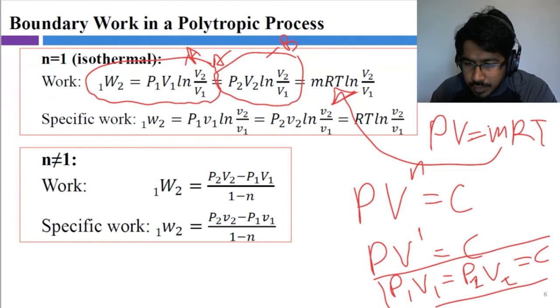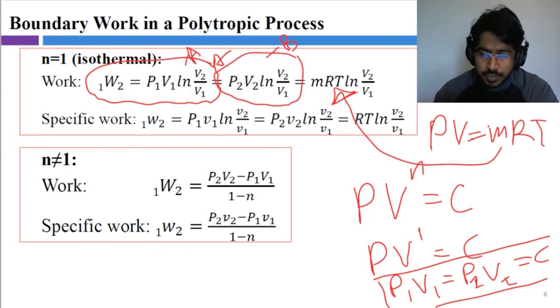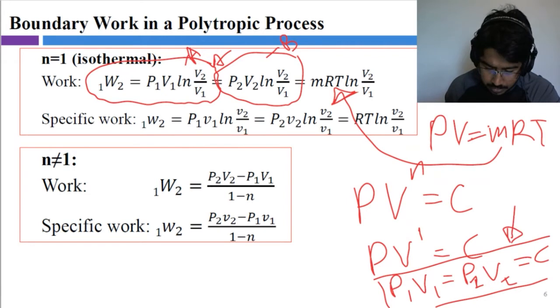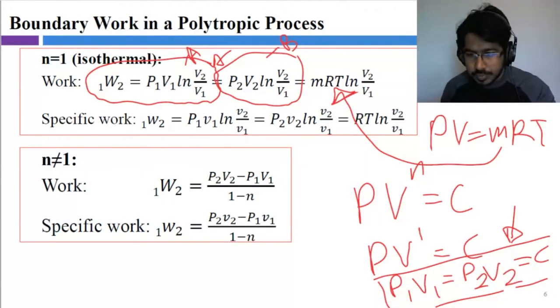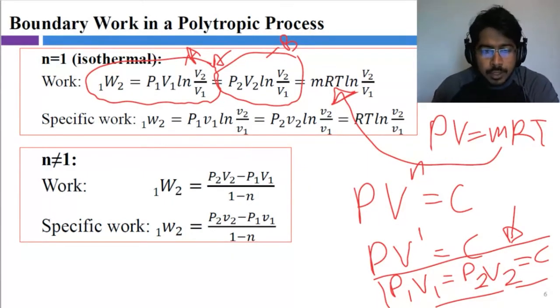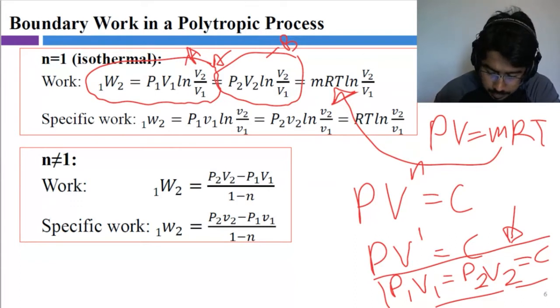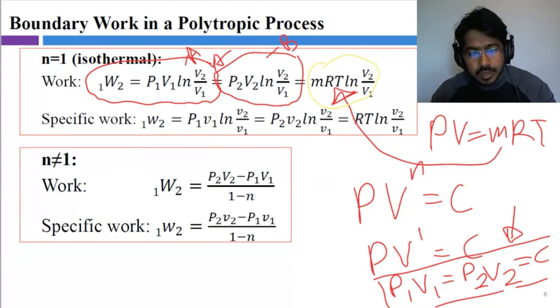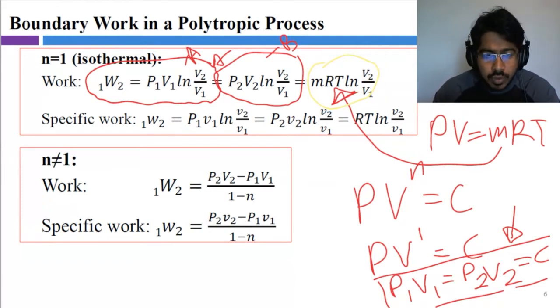P1 V1 equals P2 V2. Okay, so you can see this relationship, the one circled in yellow, can only be used for ideal gases, right?